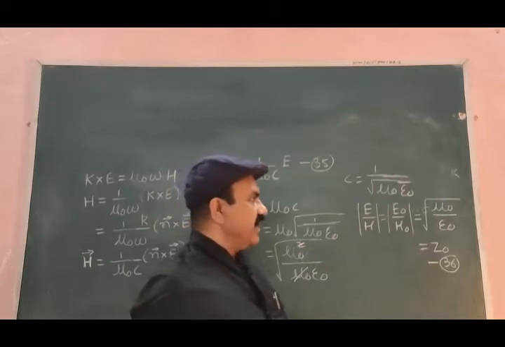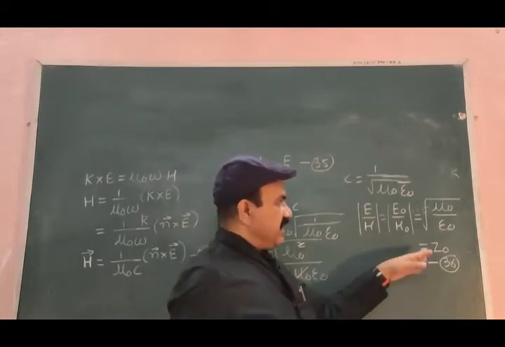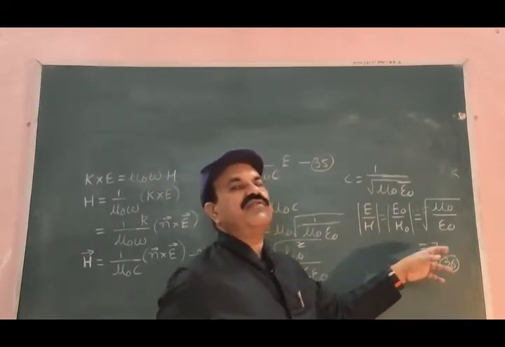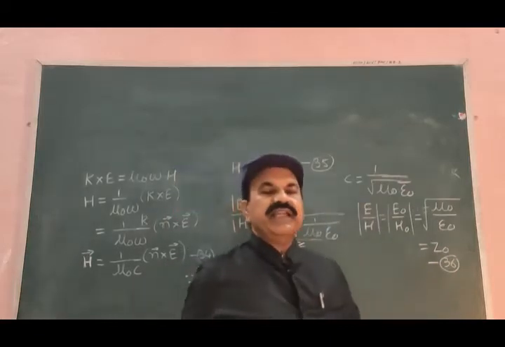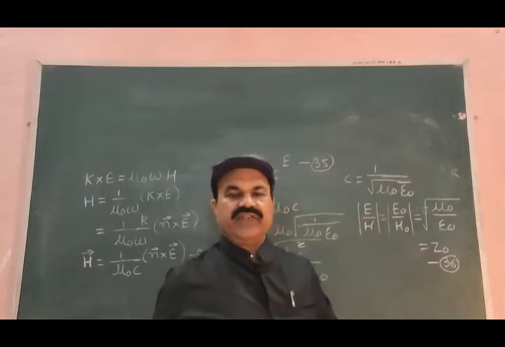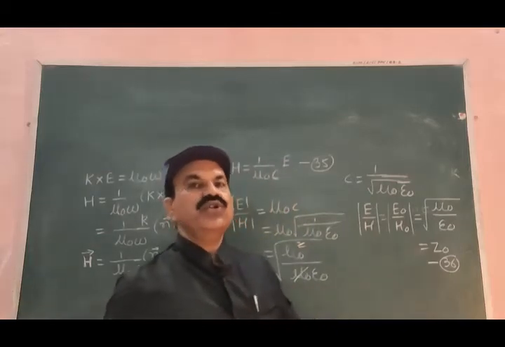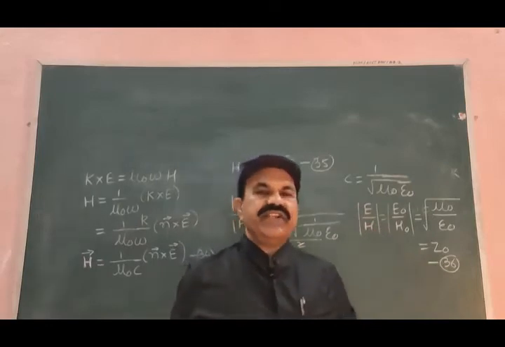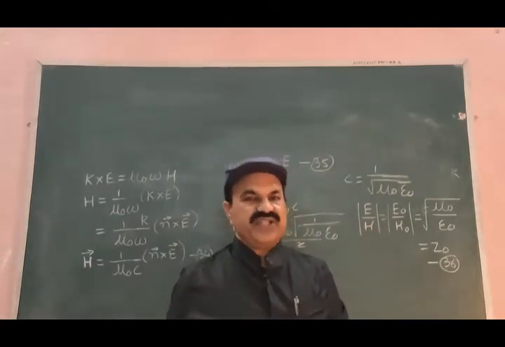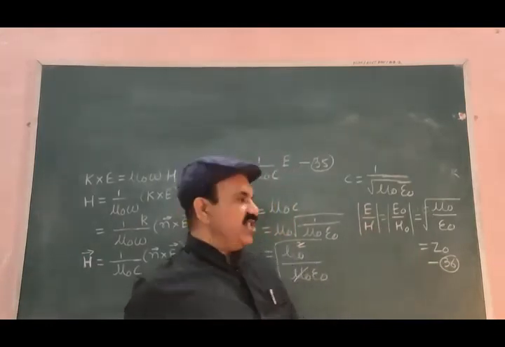Now let us see what is the dimension of this Z0. E, intensity of the electric field, is measured in volt per meter.